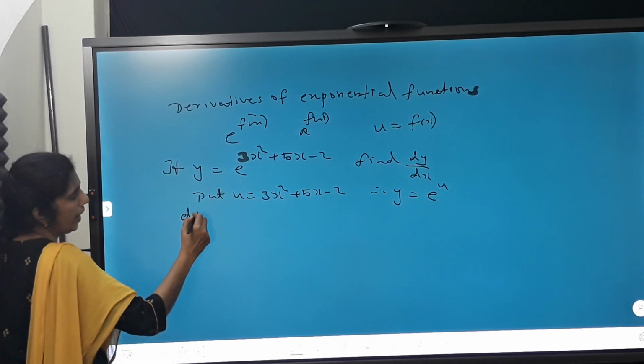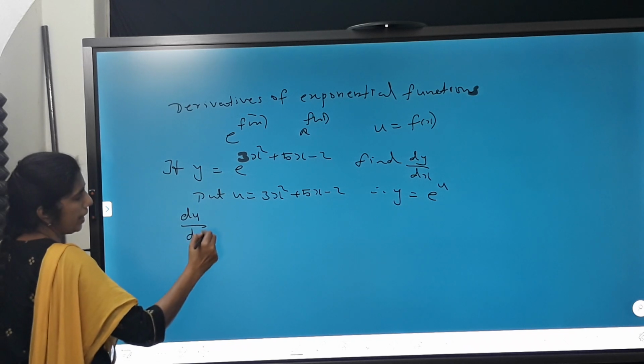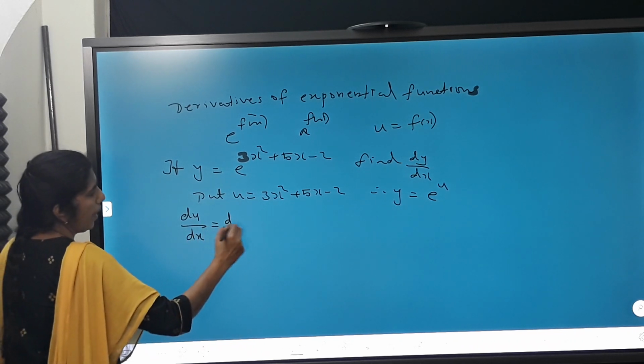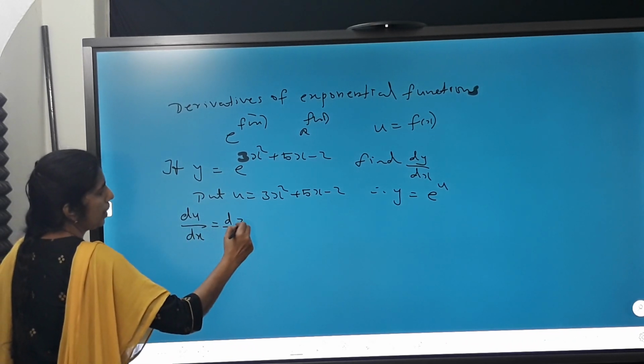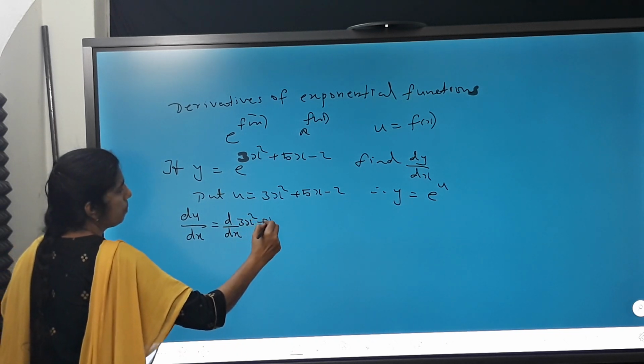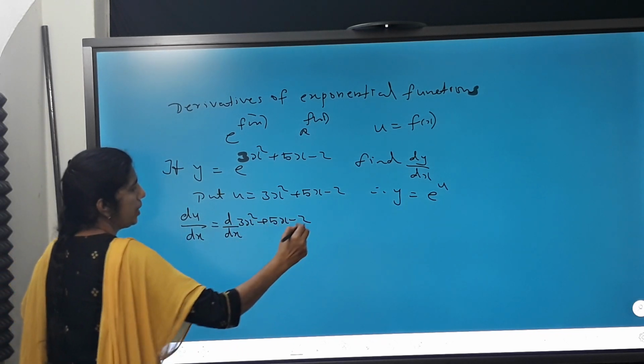So first we find du by dx, that is d by dx of 3x square plus 5x minus 2.